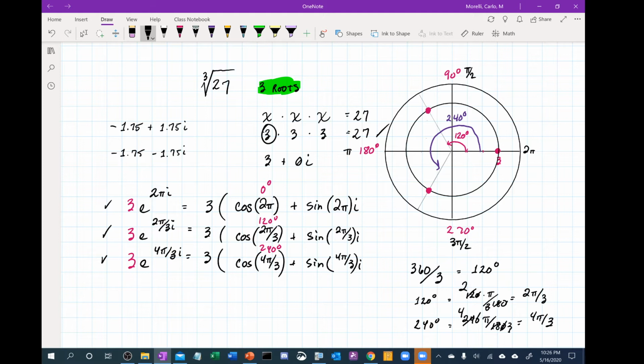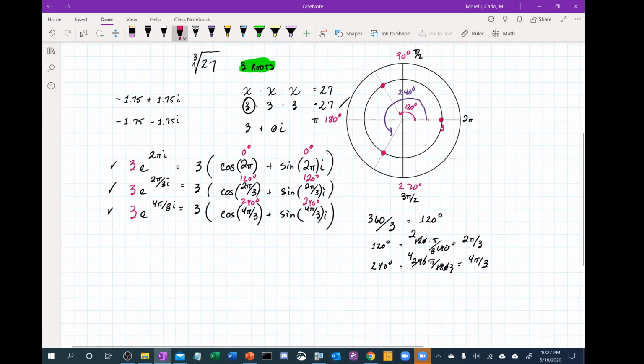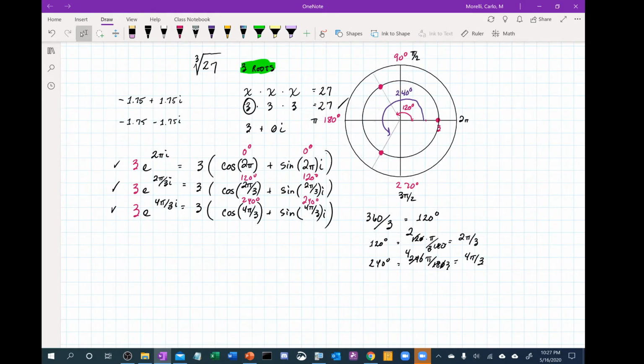And then you close those parentheses off. Now remember, if you were wanting to use degrees instead of radians, it's 0 degrees, 120 degrees, and 240 degrees. But we're going to use the radians. Well, maybe we'll write it both ways.